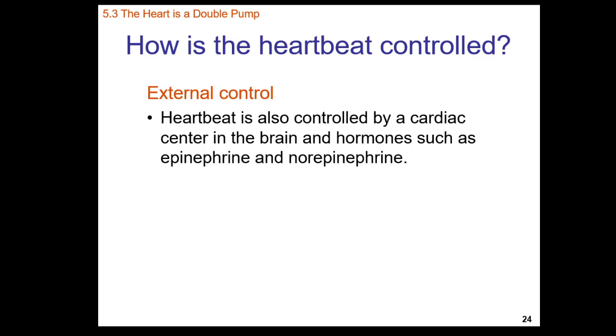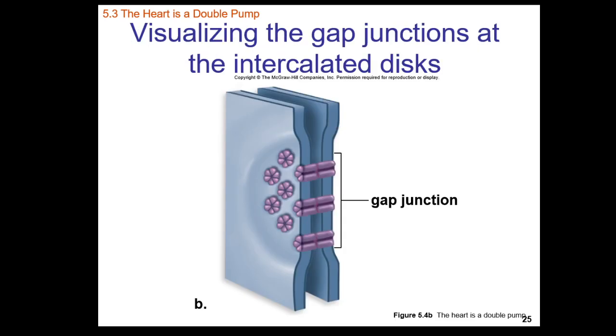How's the heartbeat controlled? It's also controlled externally. So our brain and hormones in the body are able to cause the heart to increase its rate sometimes or slow down. Say you're doing exercise, or say there's stress that causes the body to need more oxygen, more blood flow. With external control of the body, the brain can cause that to happen.